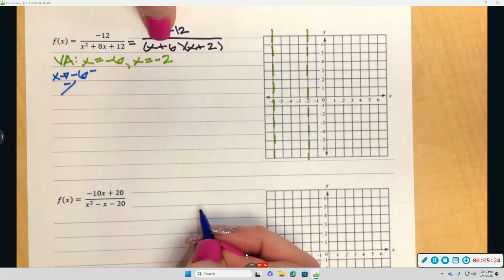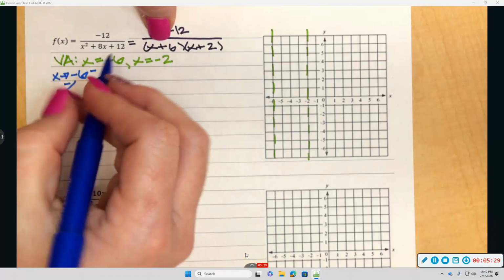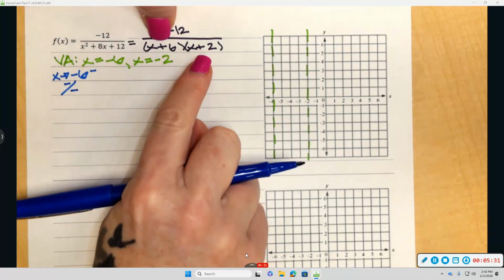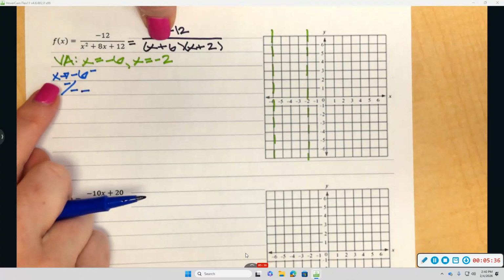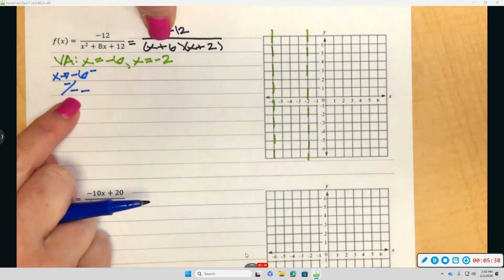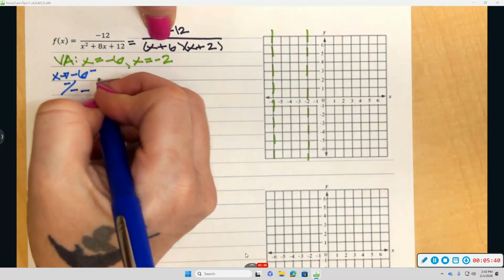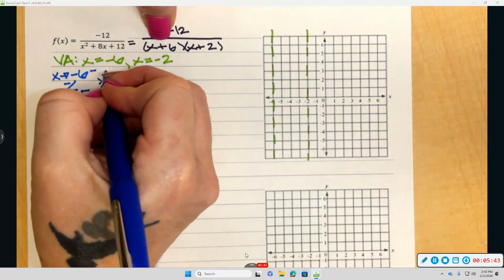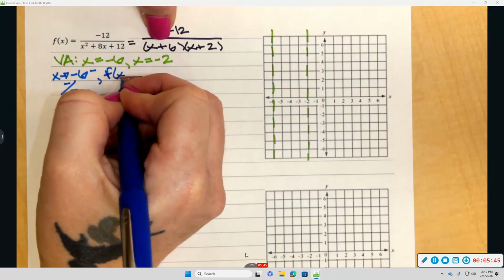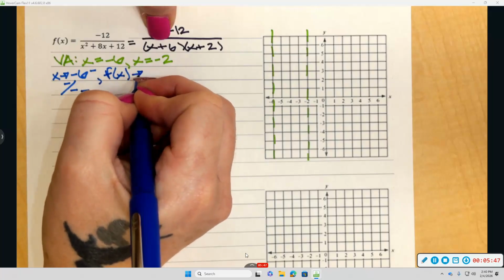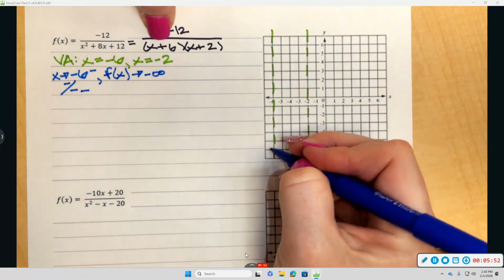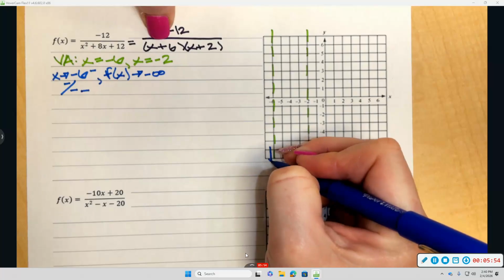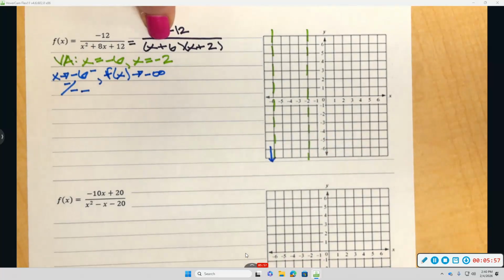If I'm less than negative 6, like maybe a negative 8, this factor will be negative, and this factor will be negative. And this becomes negative over positive, which is negative. So as x approaches negative 6 from the left, my function approaches negative infinity. That tells me that over here, this graph is going down.